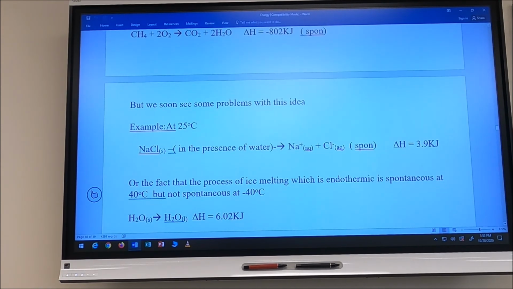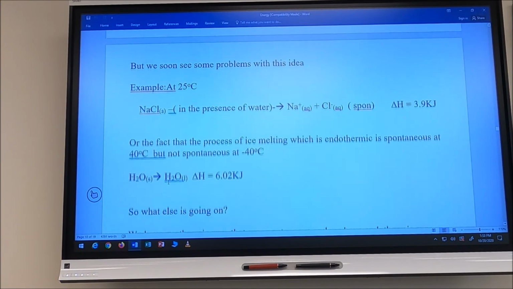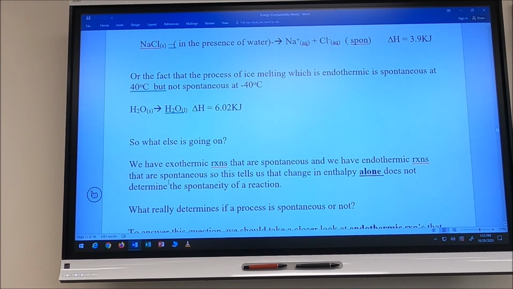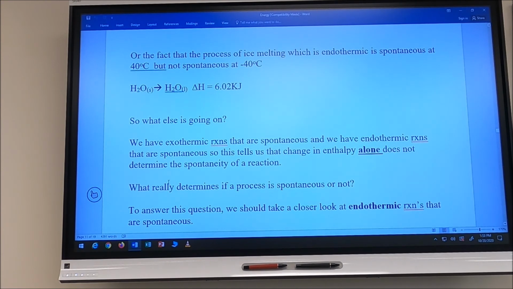So there's got to be a little bit more than the first law to determine if a process is spontaneous or not. So we ask the question, what's going on? What factor are we missing that took some of those endothermic processes that we would expect to be non-spontaneous and turned them into spontaneous processes?